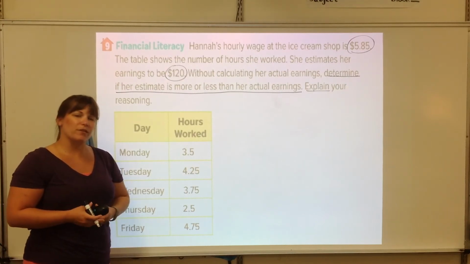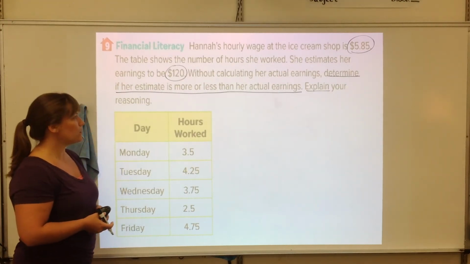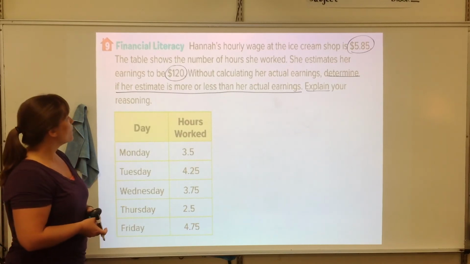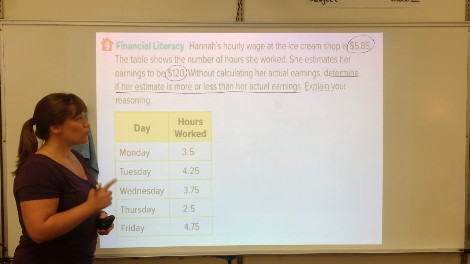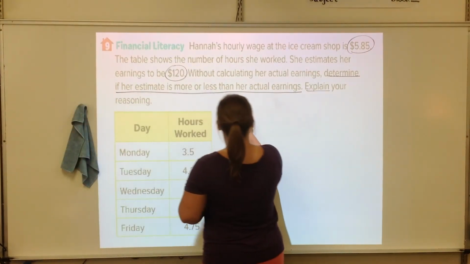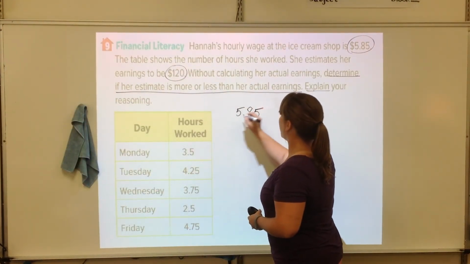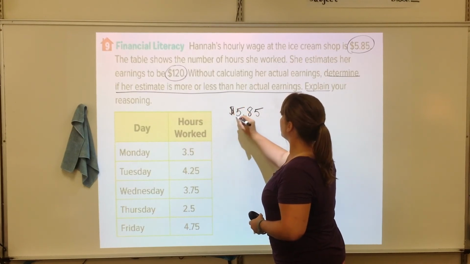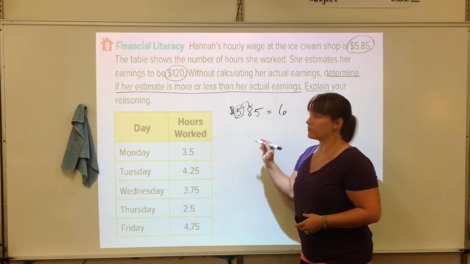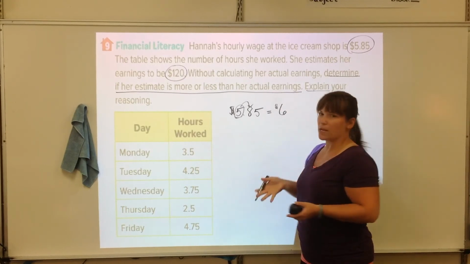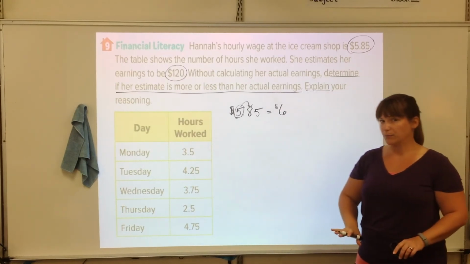So in order to figure out this problem, we want to estimate, because it tells us we don't want the actual calculation. So if her earnings are $5.85, let's simplify that by estimating it to be $6. Now, did we estimate up or did we estimate down?